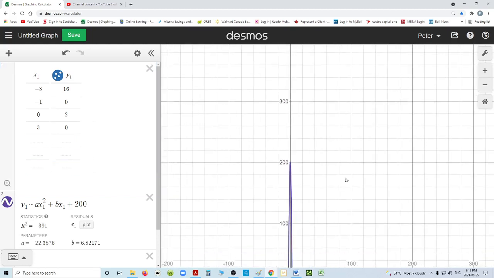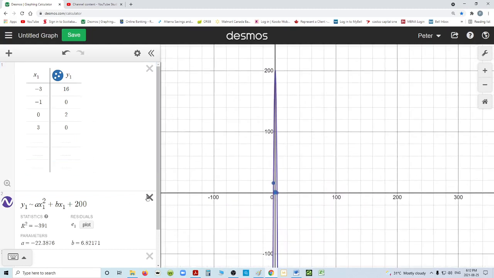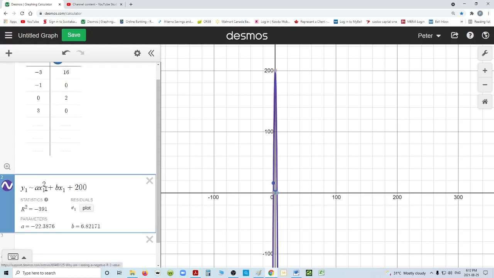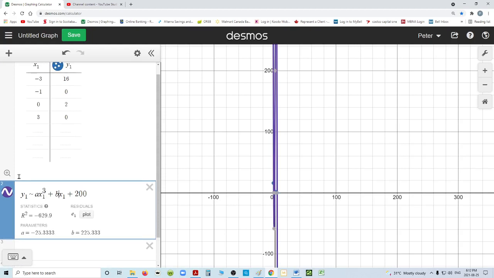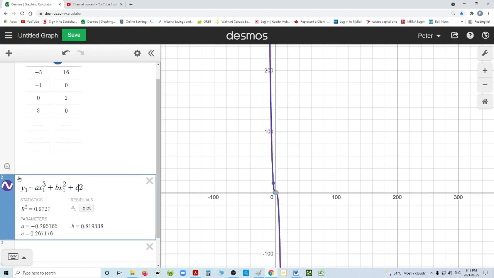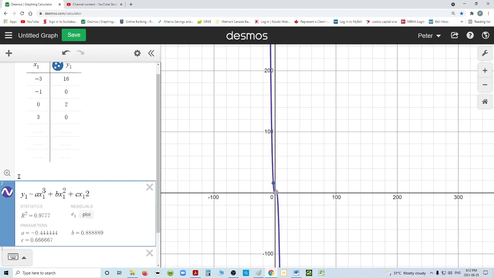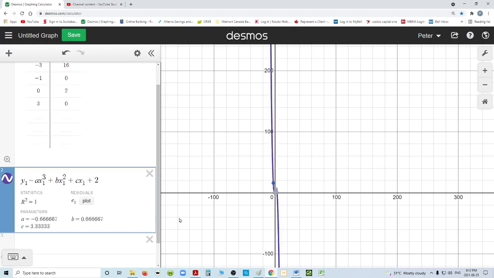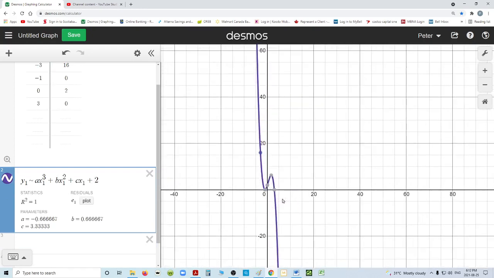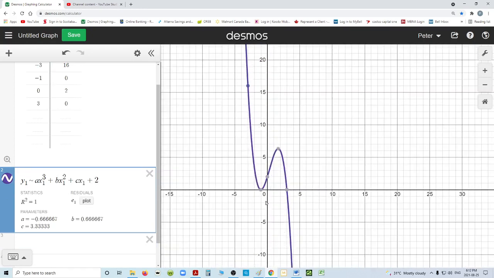Okay. And then it drew it based on a cubic, or on that, but I'm going to draw it based on a cubic. So I would do that. And sure enough, it's drawn it properly for me.